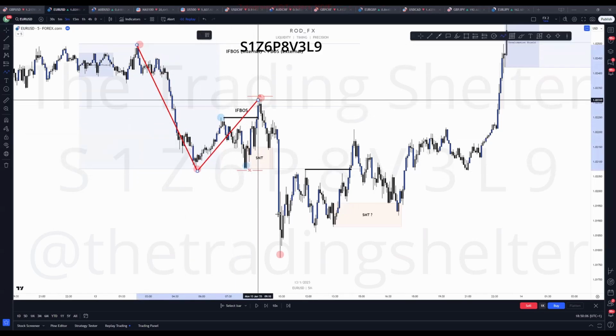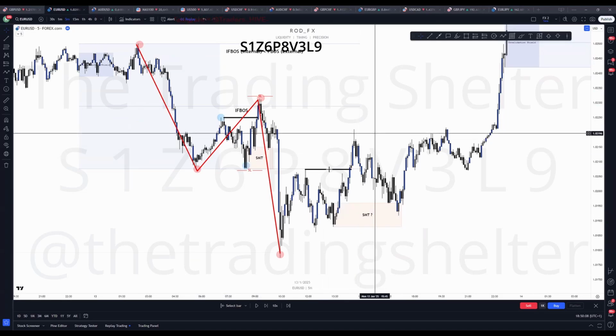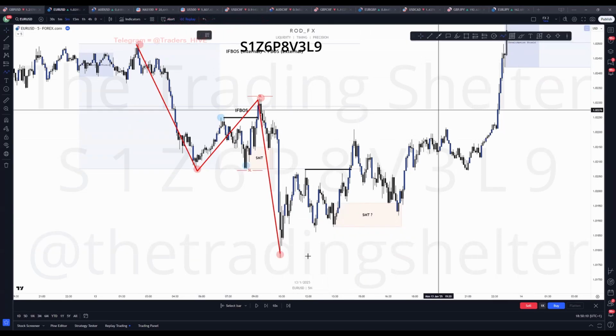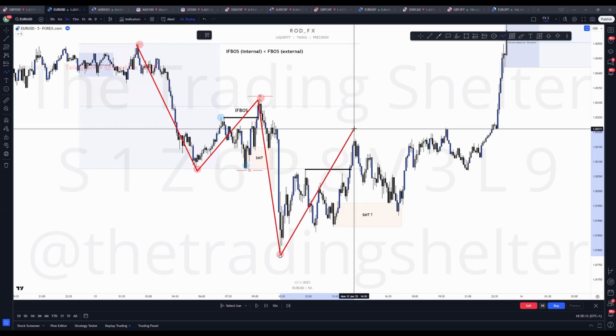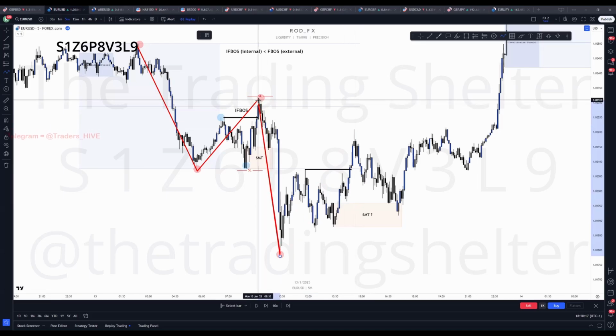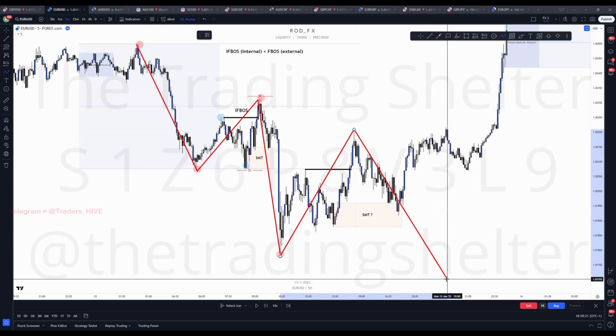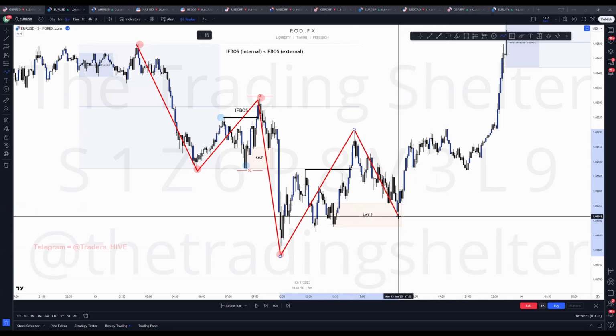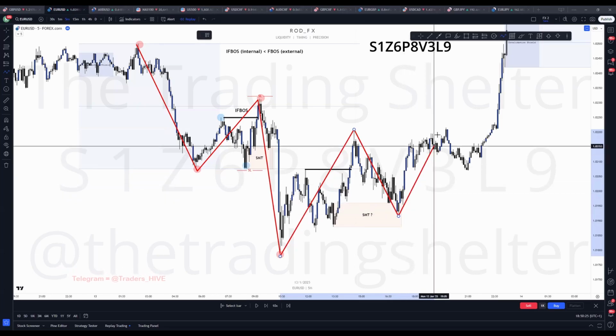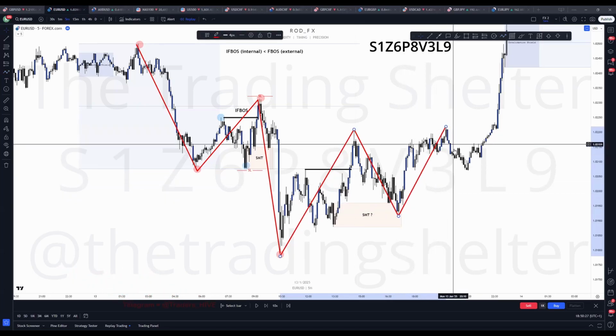We identified this one here, right? Afterwards, this makes this new high, right? Protecting this high. So the expectation would be price to continue lower. As you can see, it makes this point here and then makes a new high.